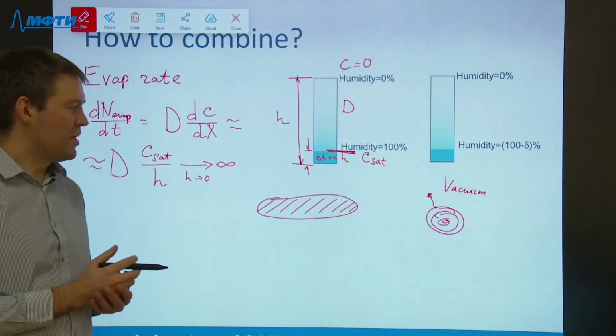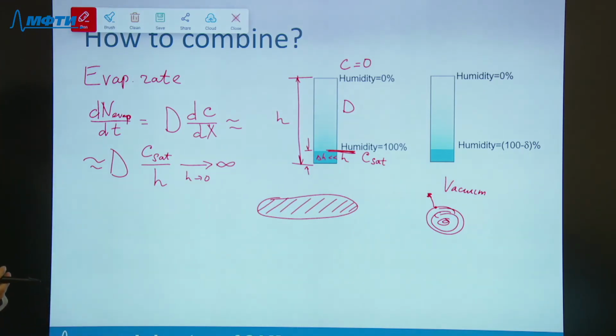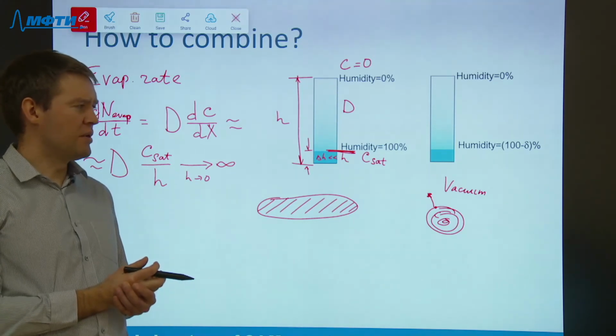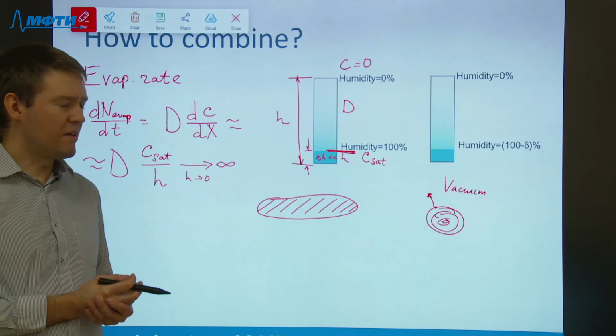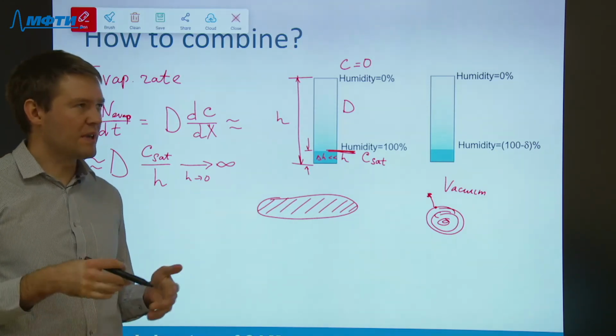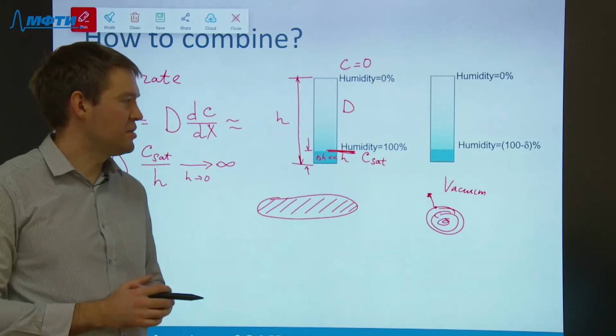So this is quite paradoxical, and we would like to know what limits the evaporation rate in this situation. Is there any physical limit? Can anybody guess what will limit the evaporation in this situation?